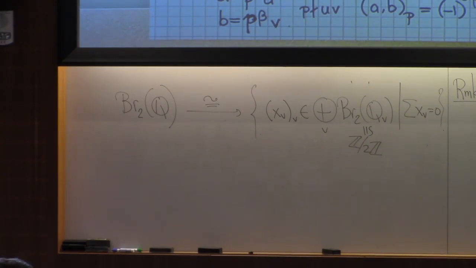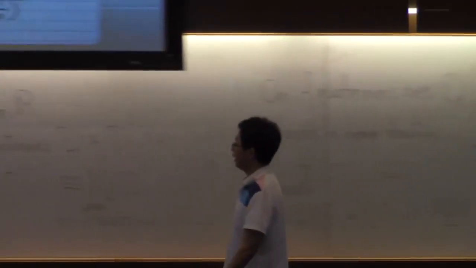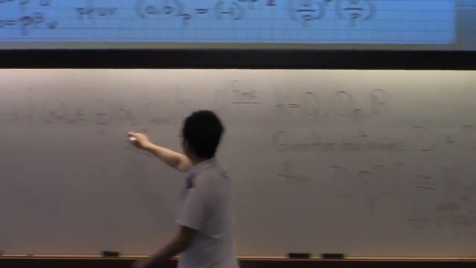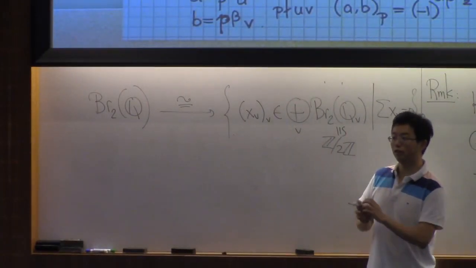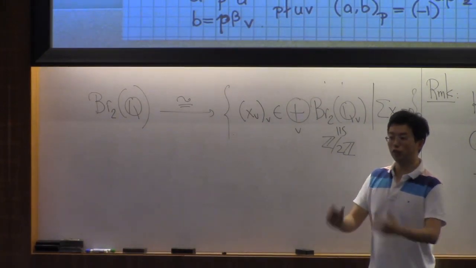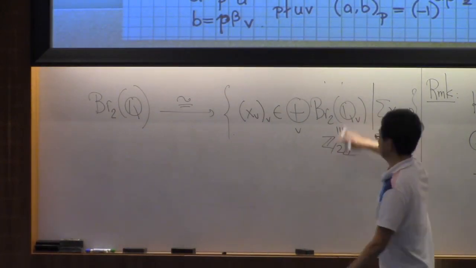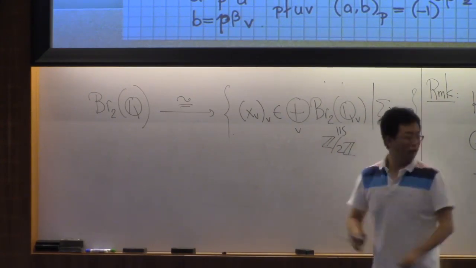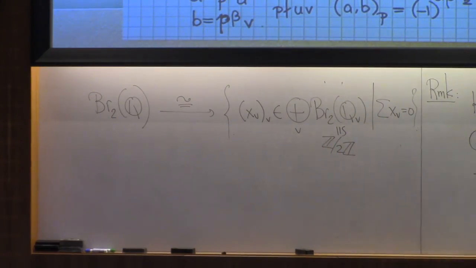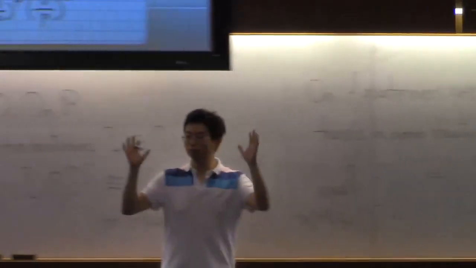Why is the order of the place two? Because for each place there are only two quaternion algebras: the matrix and the non-matrix, the division one. So there are two. The matrix is the identity, the other one squares to the identity, because I said here the square is 1.